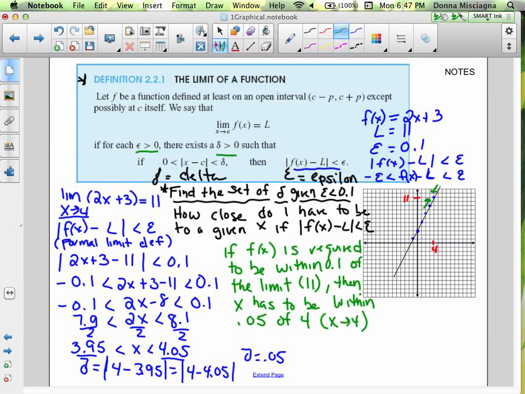So if your function has to be within 0.1 of the limit, then x has to be within 0.05 of that value of 4.